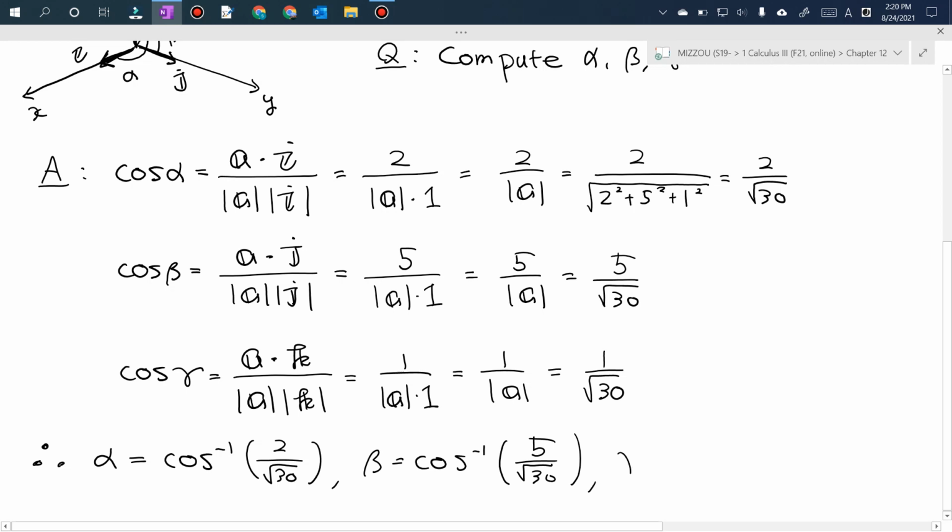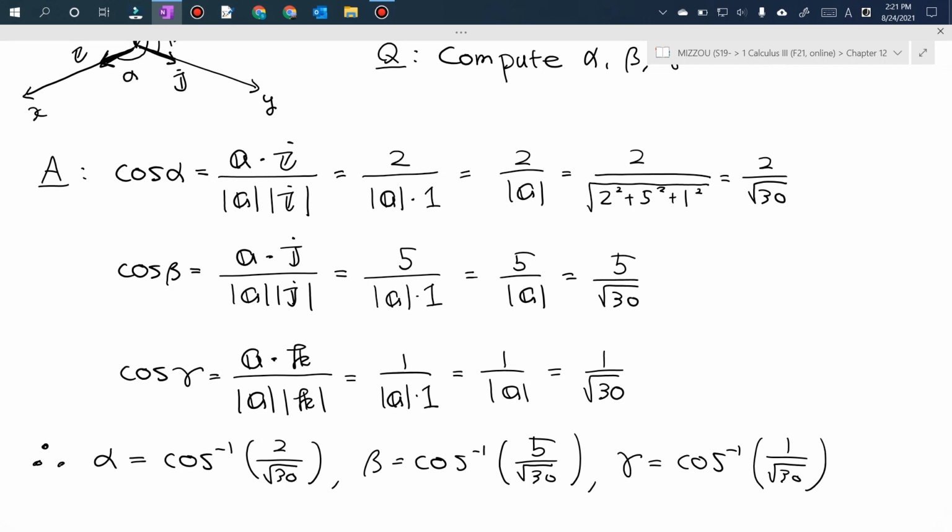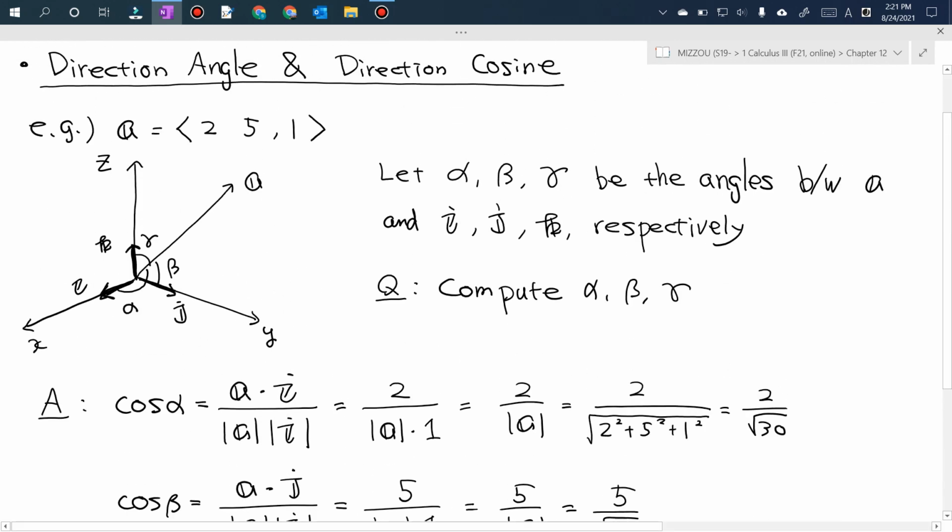And finally, gamma is arc cosine of 1 over root 30. Those angles are called direction angles of the vector A, and their cosines are called direction cosines.